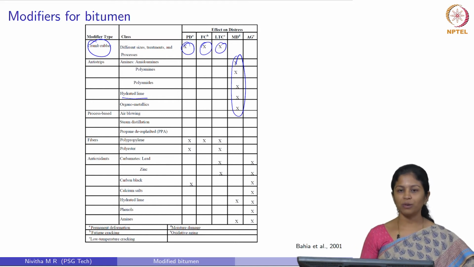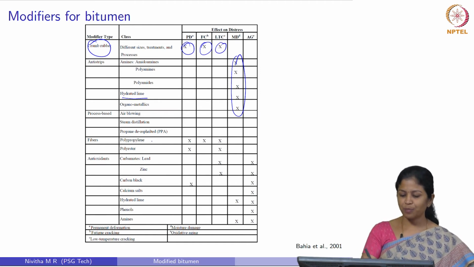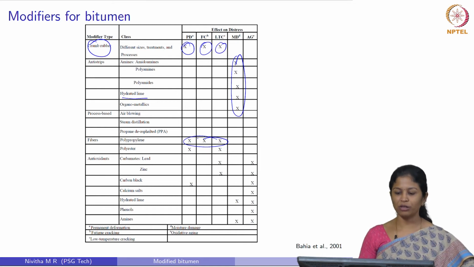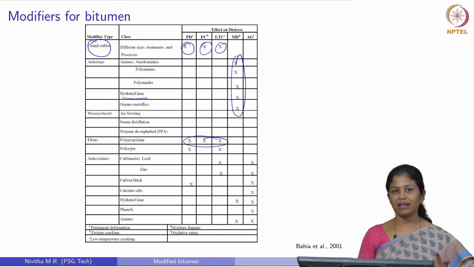And then we also have some fibers which are added to bitumen. So, we have polypropylene fibers, polyester fibers. So, we can see this polypropylene fiber again has a positive effect on all the three distresses, the permanent deformation, fatigue cracking and low temperature cracking. Similarly, we can see polyester again has a positive effect on permanent deformation and low temperature cracking, right.